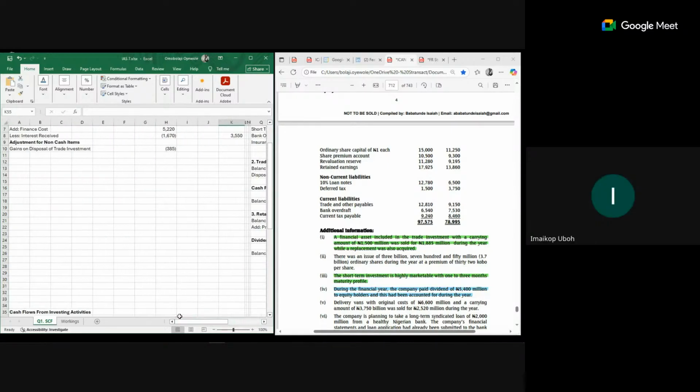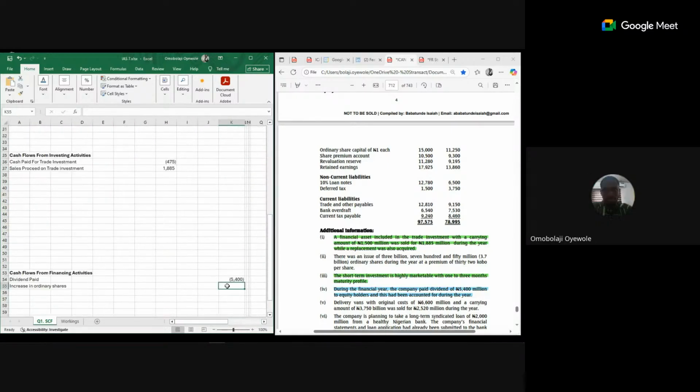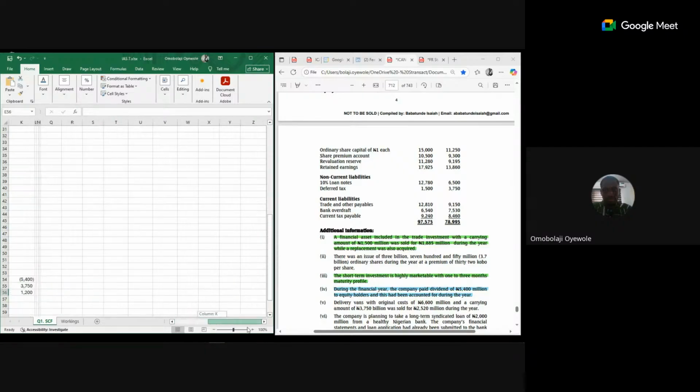Then for share premium, no, that's an increase, it's an inflow. You know, dividend paid is an outflow. So this one is 1,200. That's the increase in share premium. When there is an increase in ordinary shares and an increase in share premium, it means that there was an inflow. It means that we received cash during the period.